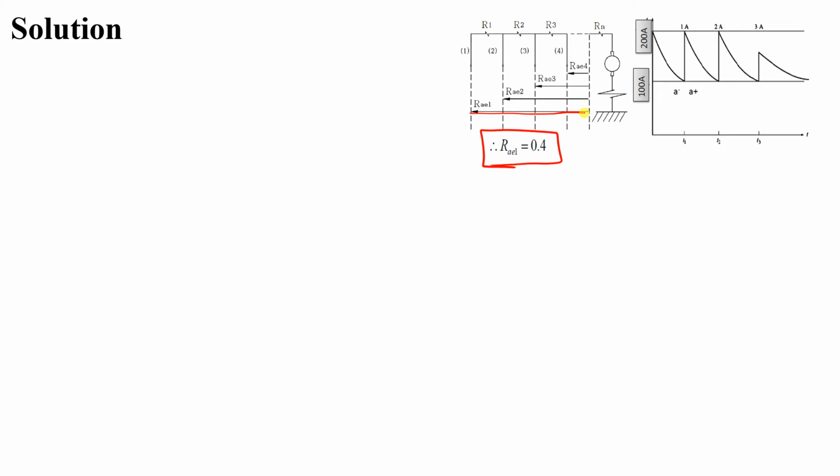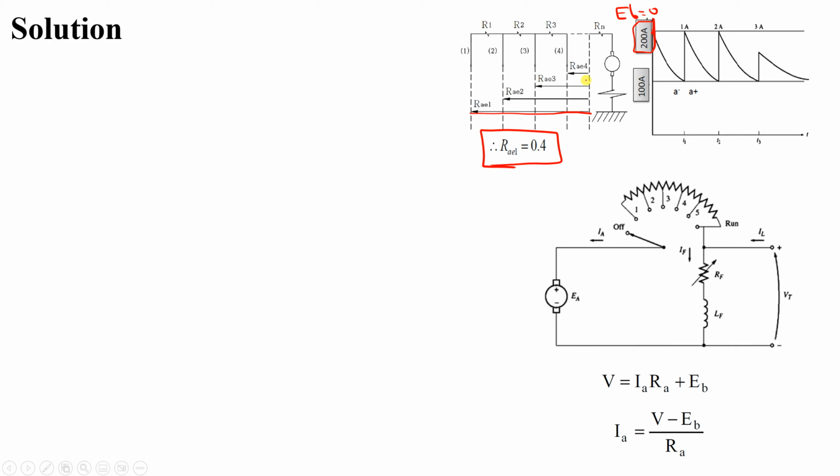Since we added R_E1 at the very beginning, when E back equals 0, the current will be 200 amperes. And we know that as the speed of this motor goes up, E back will go up. So as E back goes up, I armature will start going down.